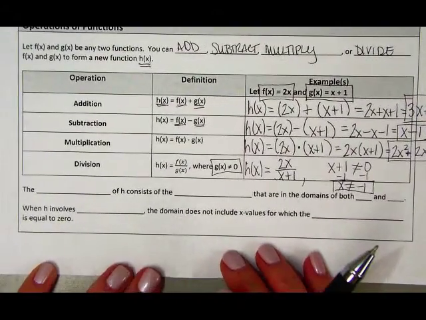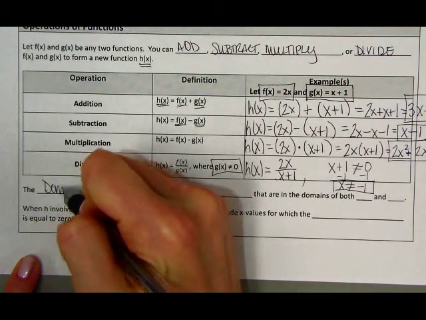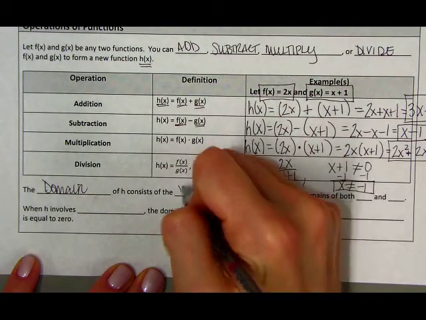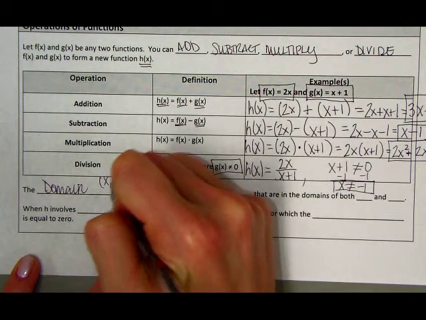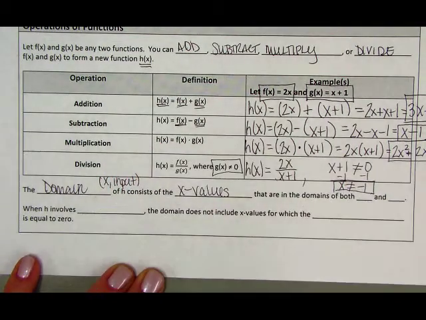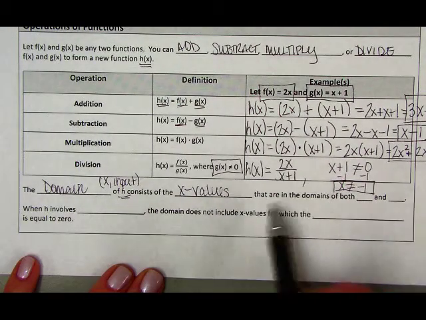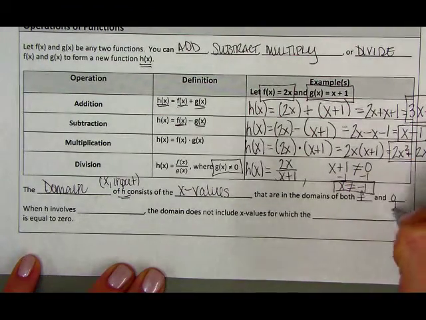Therefore, talking a little bit about domain, the domain of h consists of the x values. Remember, domain is your x or your input. So all the values you can put into your new function h consist of the x values that are in the domains of both f and g.